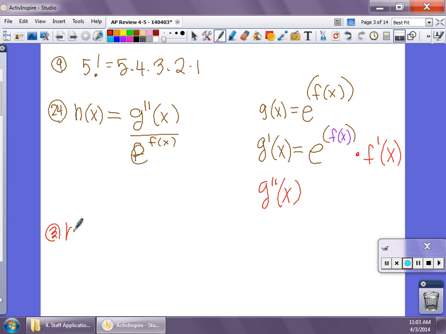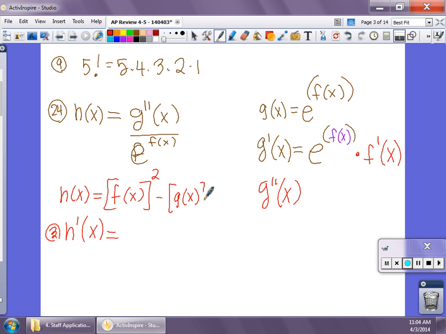So the question was h prime of x, and my h prime is allowed to have g's and f's, but no prime symbol. So h prime of x, I'm going to just give a little hint here that this would be f of x, whole thing, squared minus g of x, whole thing squared. So when I take the derivative of this term, what rule do I have to use? Chain.